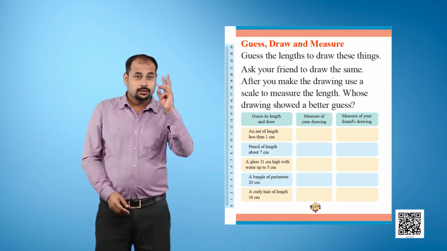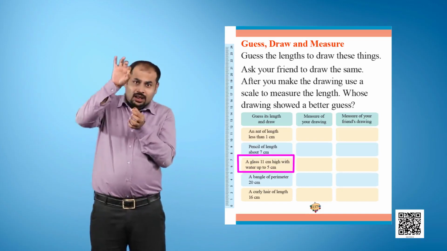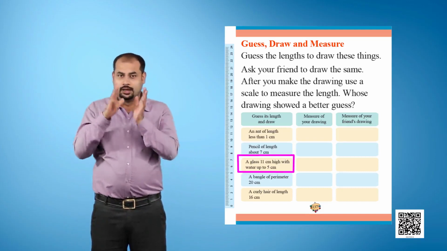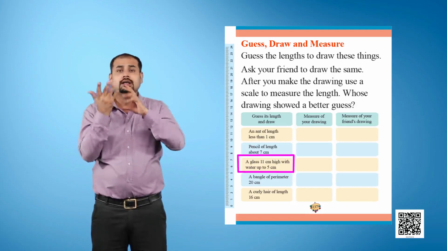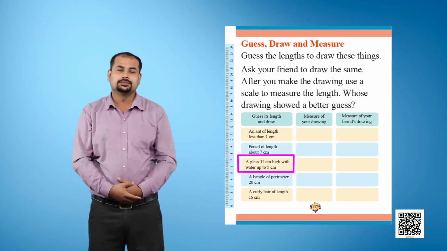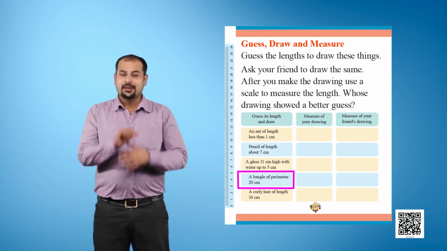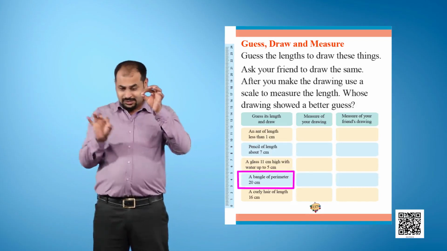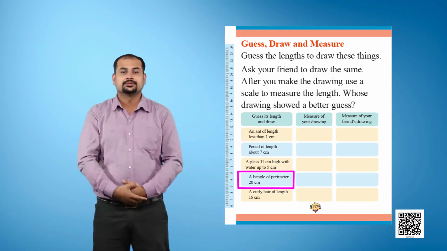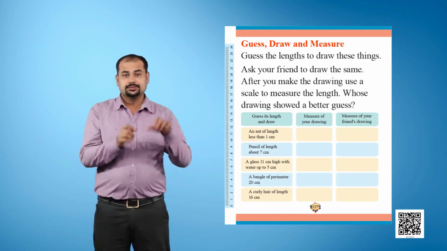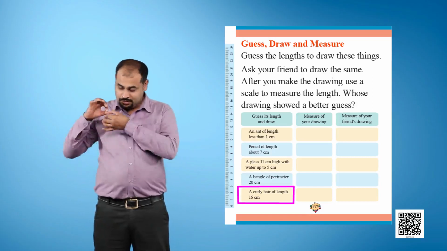Row 3 says a glass 11 centimeters high with water up to 5 centimeters. Row 4 says a bangle of perimeter 20 centimeters. Row 5 says a curly hair of length 16 centimeters.